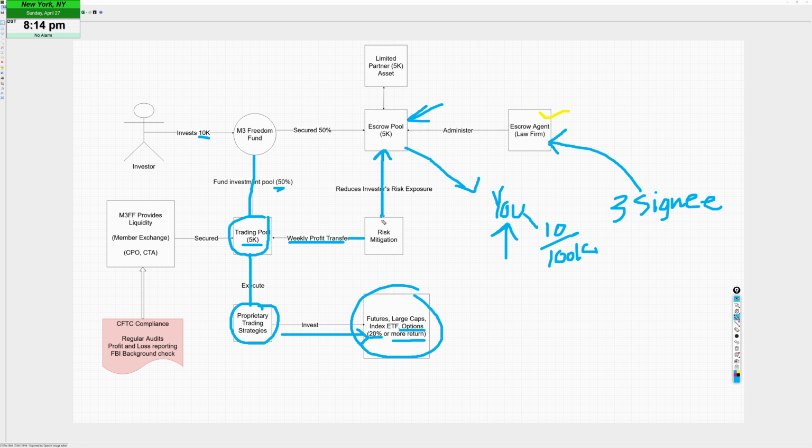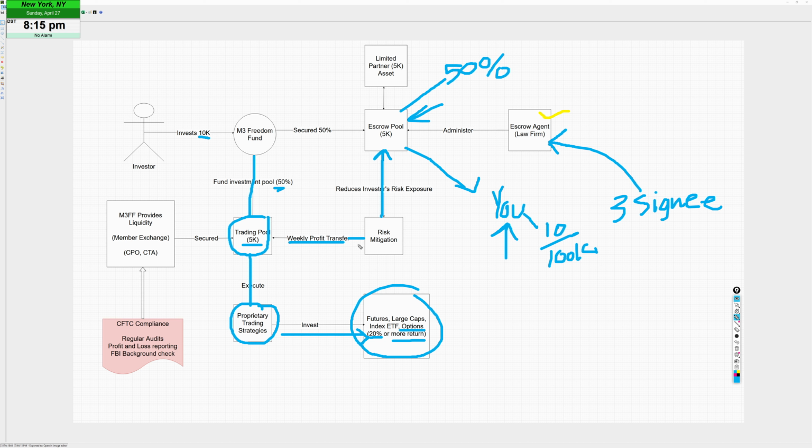If you look at this at the beginning, your ultimate risk is 50%. That is, if I die all of a sudden, or some very catastrophic situation happens, on a minimum you have your 50% here. Does that make sense?